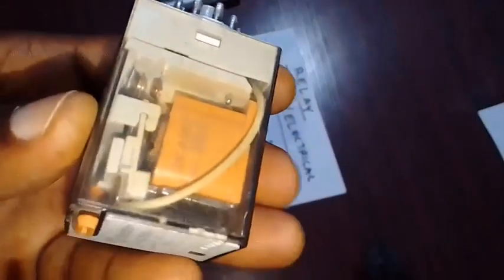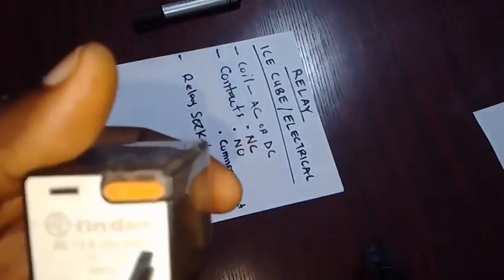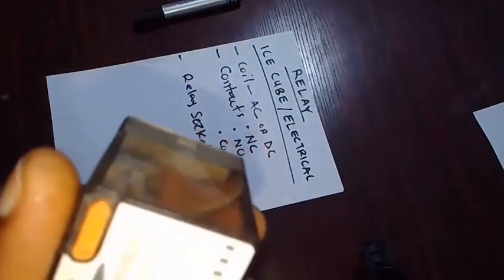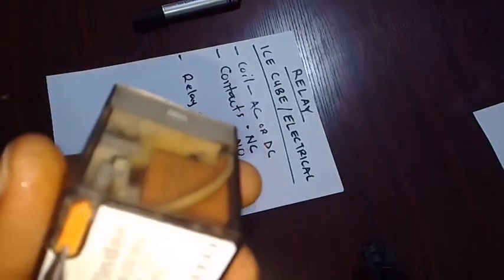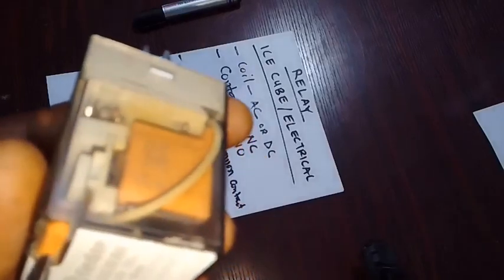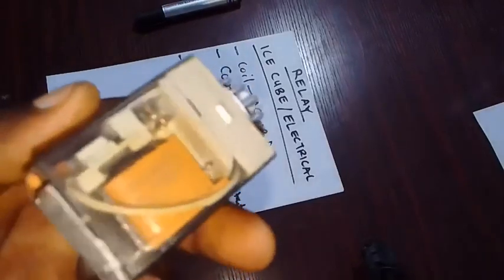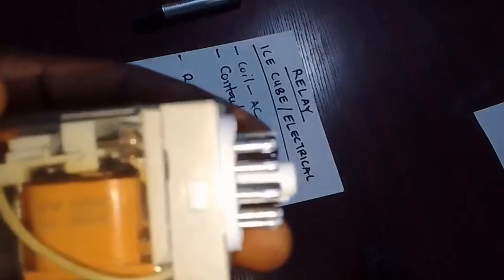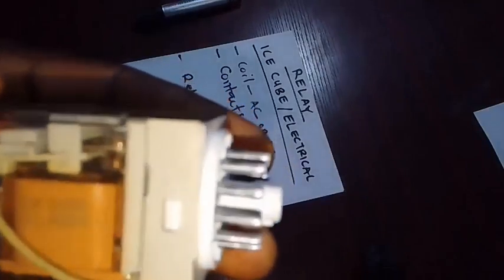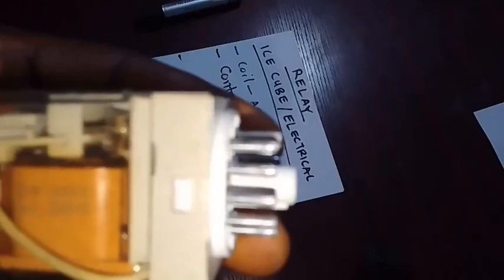Now what happens is that when the coil is energized, it is capable of producing a magnetic field. That field creates a magnetic force that pulls the normally open contact, pulling it to close.